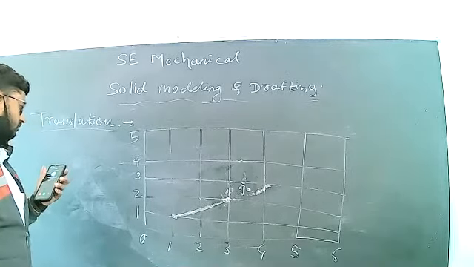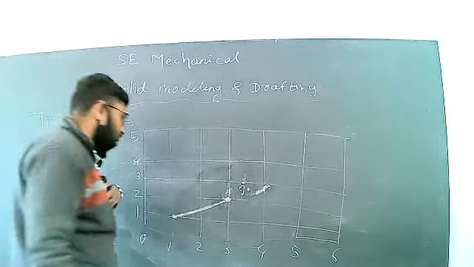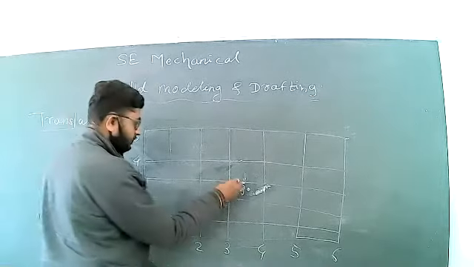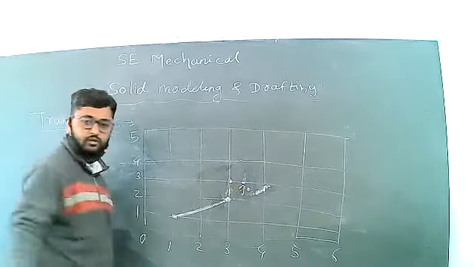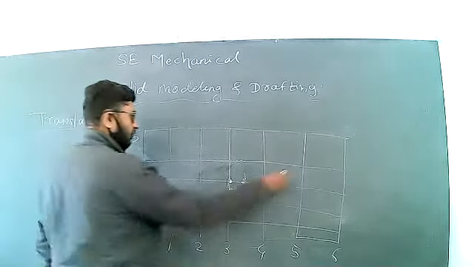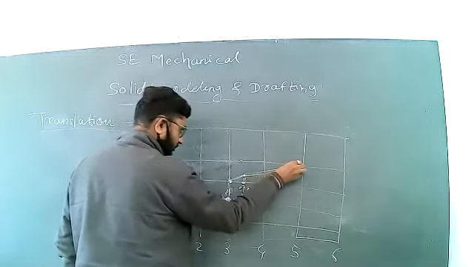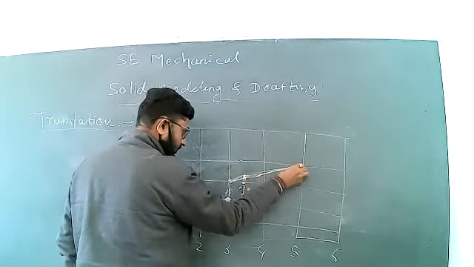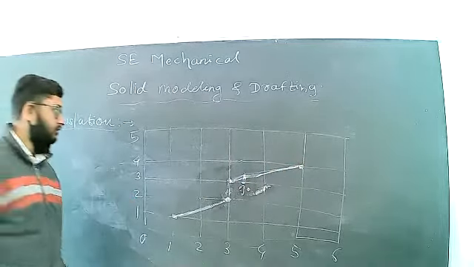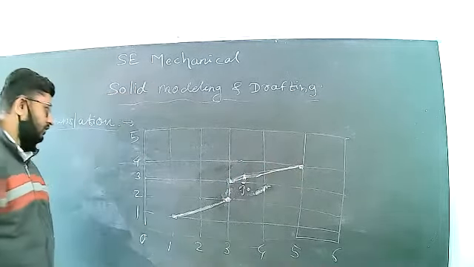Now I draw a parallel line from 3 to 4. Again, this line is formed by joining two points, for example x1 y1 and x1 dash y1 dash.